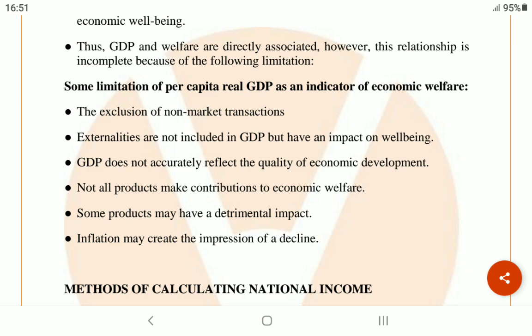Not all products make a contribution to economic welfare. Some products may have a detrimental impact. Inflation may create the impression of a decline. So these are the limitations of per capita real GDP.